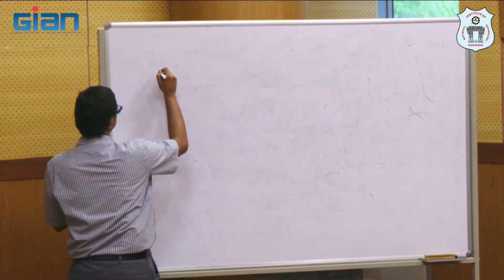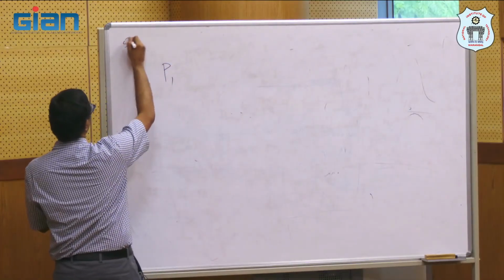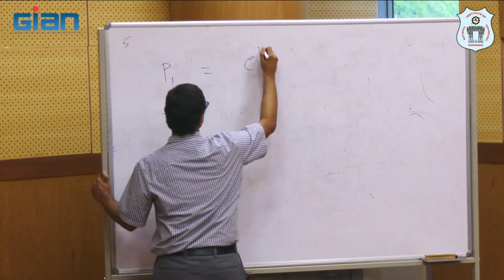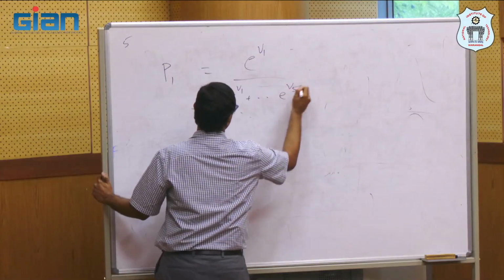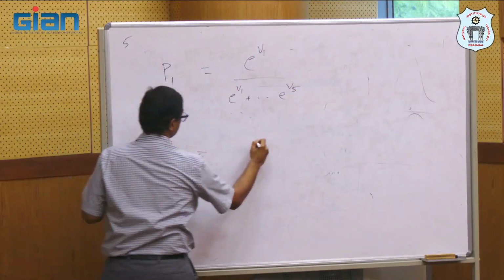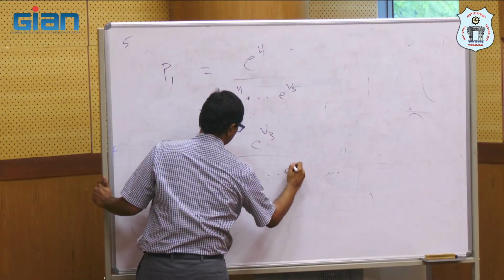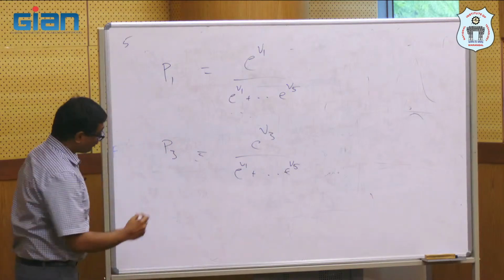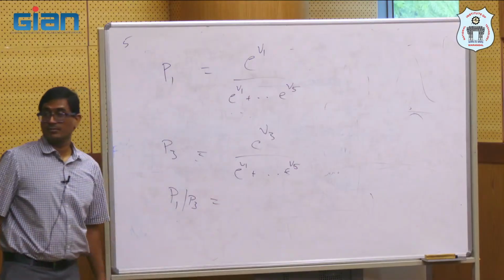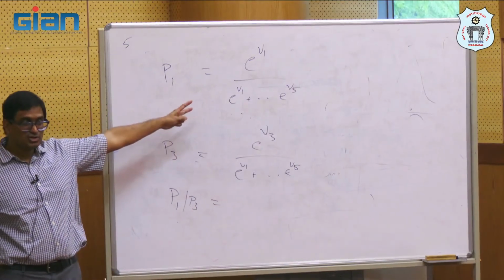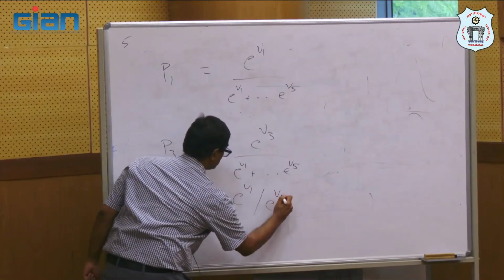If you have two alternatives, let's say we have 5 alternatives, the probability of the first alternative would be e to the V1 over the sum, and the third probability will be e to the V3, with the same denominator. Now if I take the ratio of P1 to P3, the denominators will cancel. It will be e to the V1 over e to the V3.